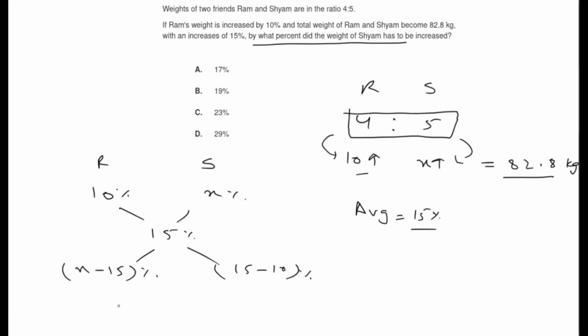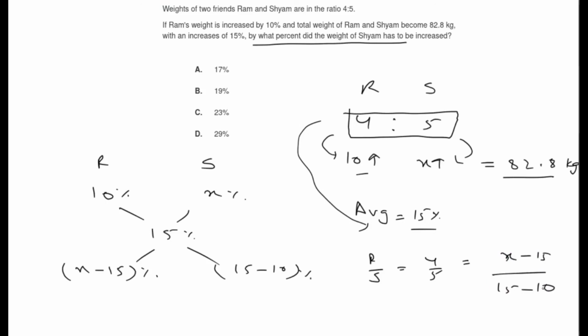The ratio we are given is R is to S equal to 4 by 5. So we can write x minus 15 upon 15 minus 10.